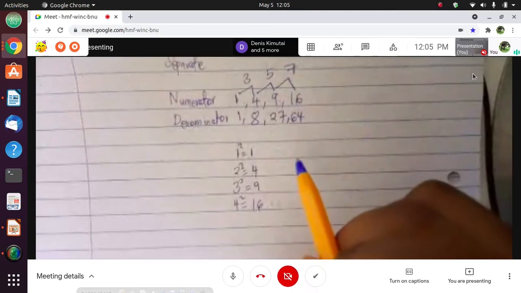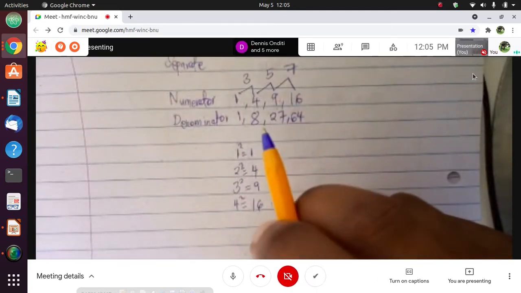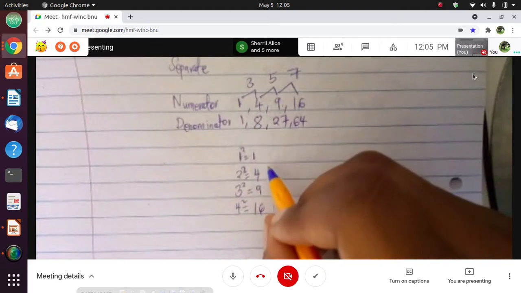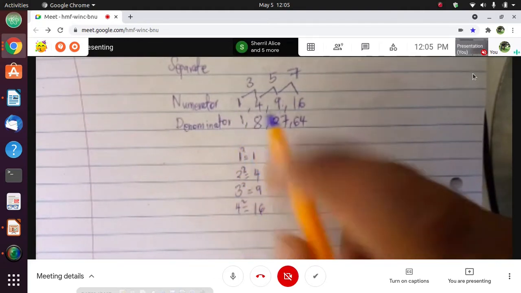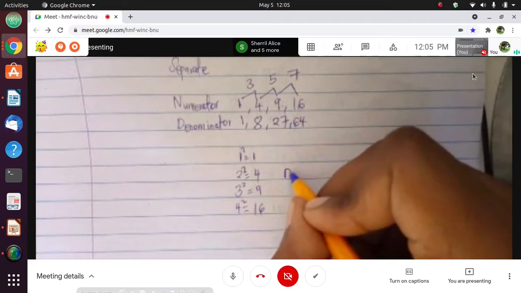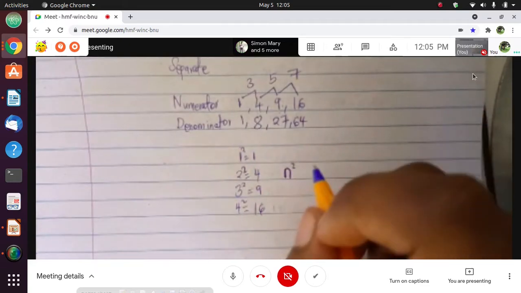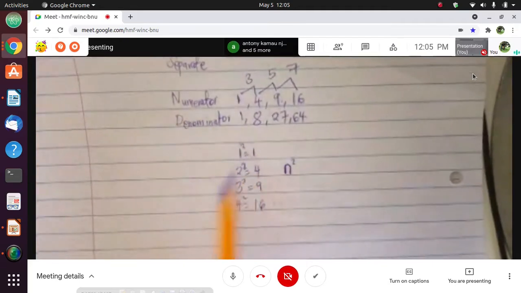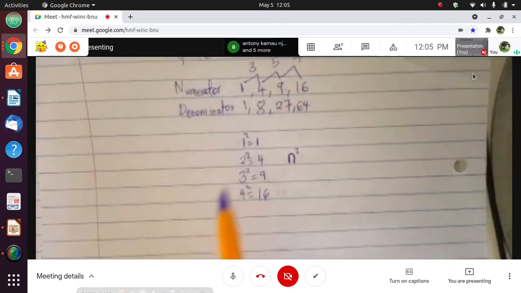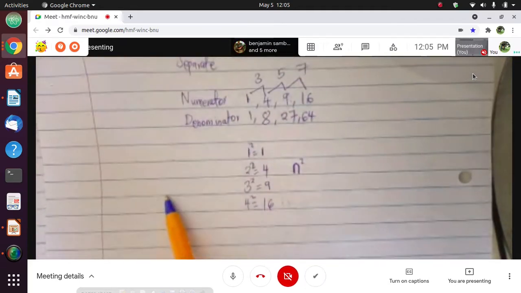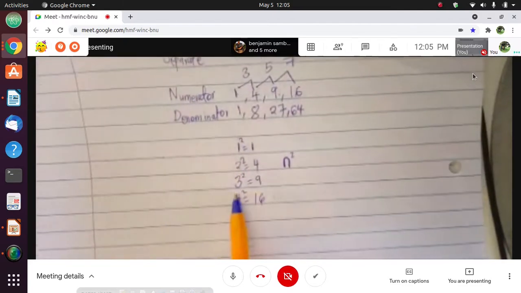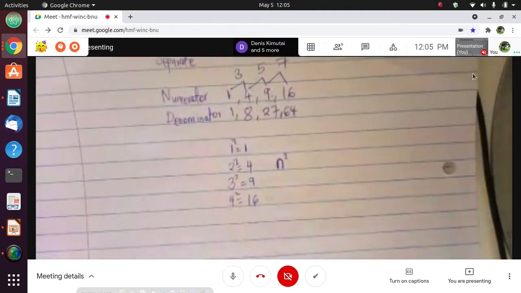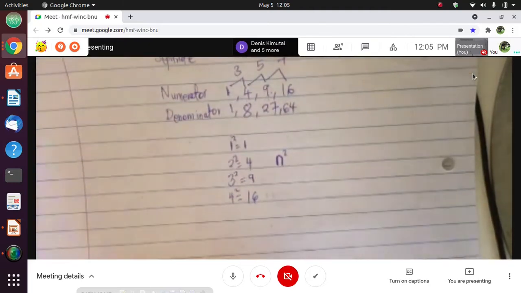These are perfect squares. Therefore, it is easy to say that the general equation of the numerator is n squared. The pattern that follows is that you are taking the square of a term. Therefore, the fifth term will be 5 squared, which is 25. I don't know if we see that pattern.